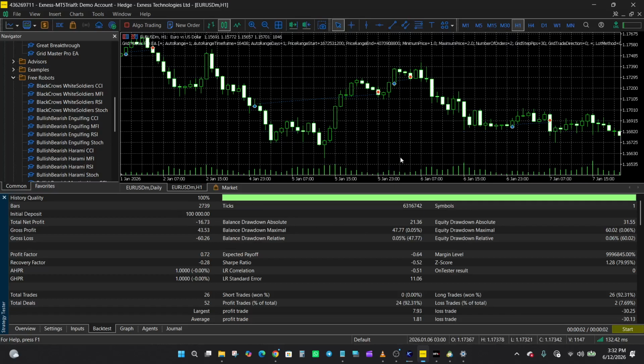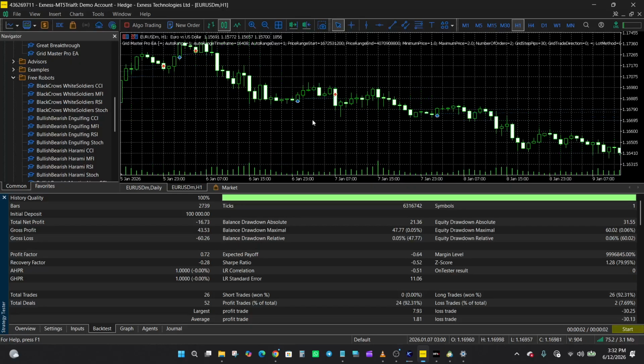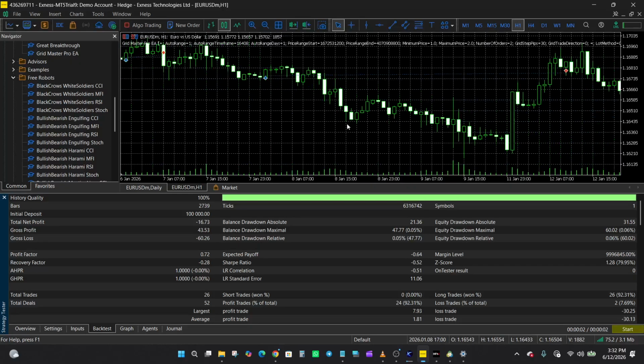But now looking at the historical backtest results, this section gives us an opportunity to evaluate how the EA performed during the tested period. Okay. Reviewing the chart activity, we can observe how the EA places and manages its grid structure according to the configured parameters.